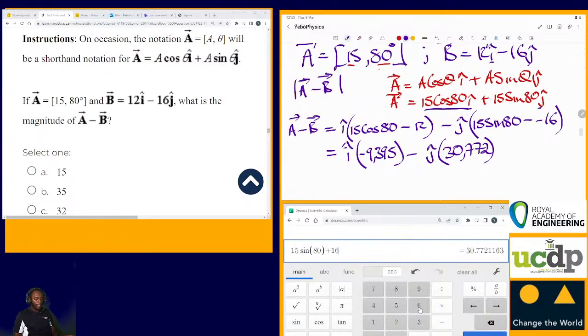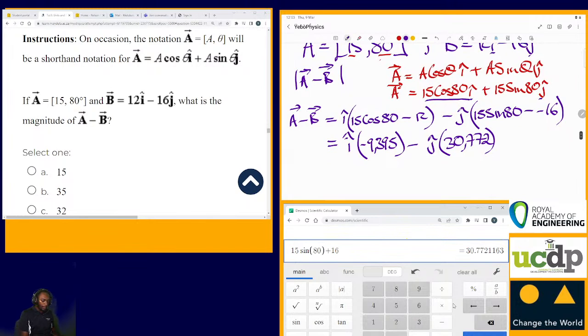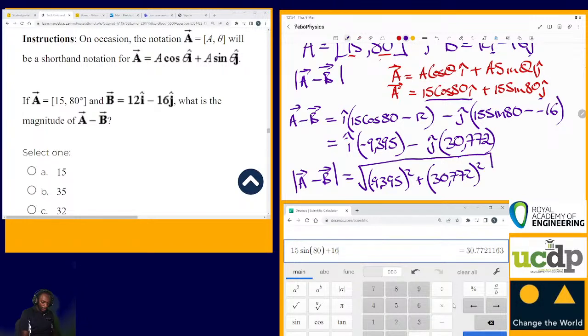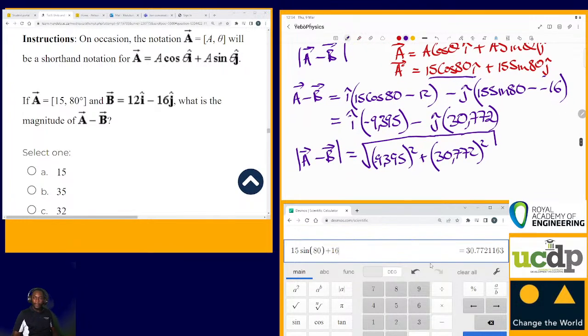Now, since we want the magnitude, the magnitude for A bar minus B bar is now going to be the square root of 9.395 all squared plus 30.77 all squared. Let's put that together.